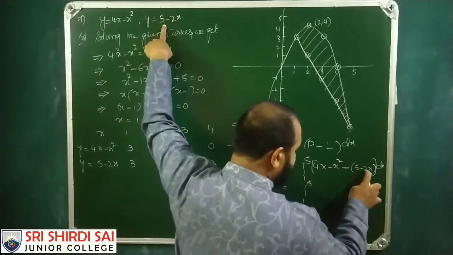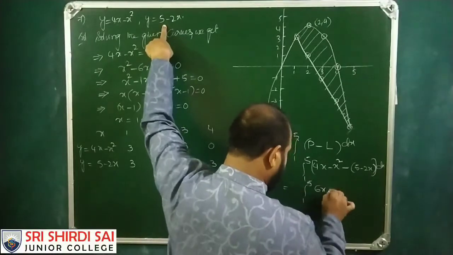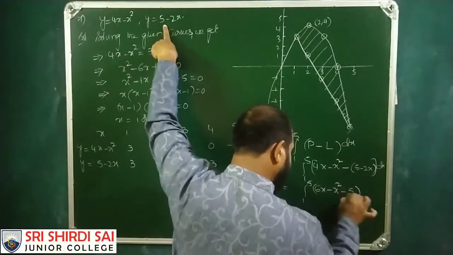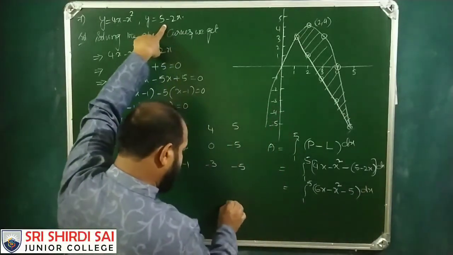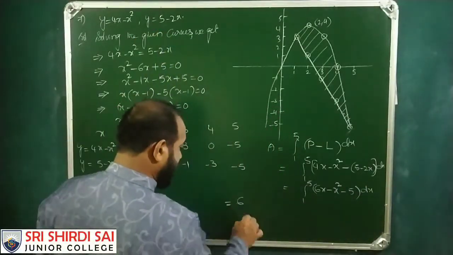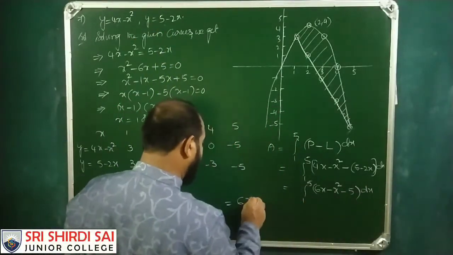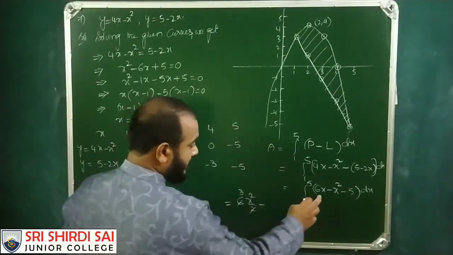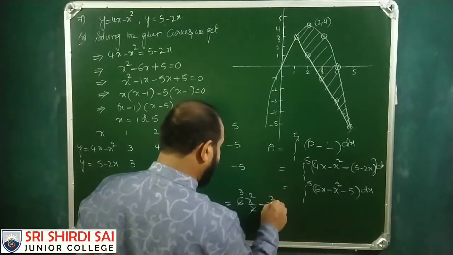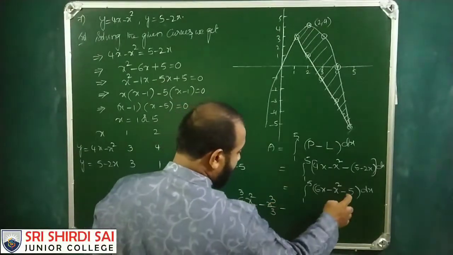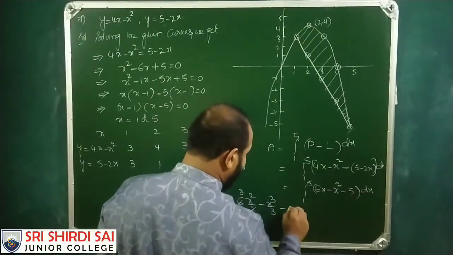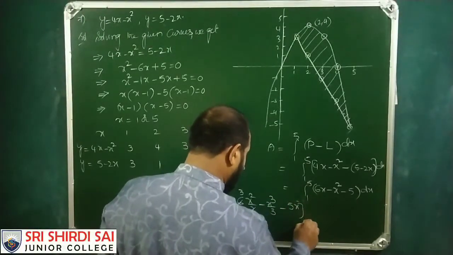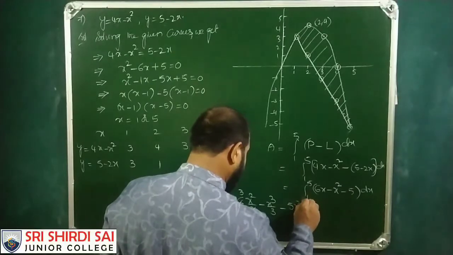4x minus of minus, so 6x minus x square minus 5 dx. This is equal to 6 times the integral of x dx, which is x square by 2, minus the integral of x square dx, which is x cube by 3, minus the integral of 5 dx, which is 5x. Since the process is over, the limits 1 to 5 are to be written here.